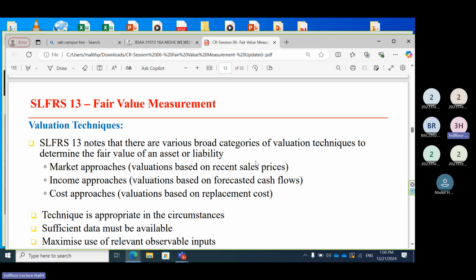Let's say broiler birds. For broiler birds, we are using cost as the fair value, but we have a presumption that cost equals the fair value. Incurred cost equals the fair value. We can say that's the cost approximation method.